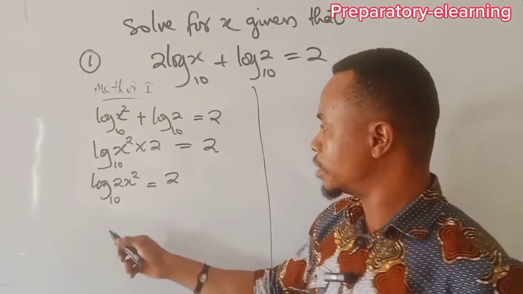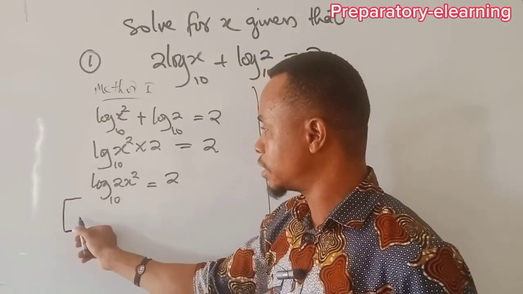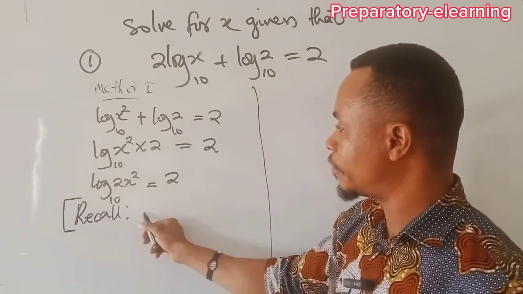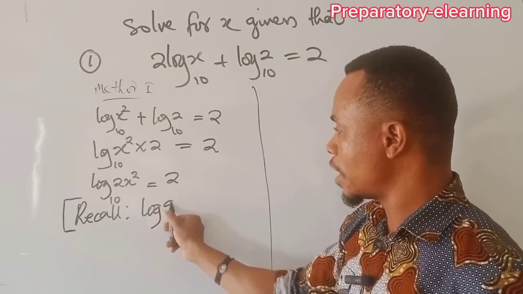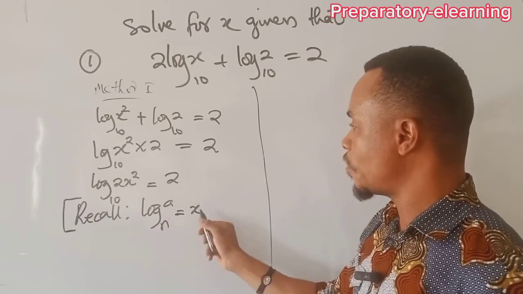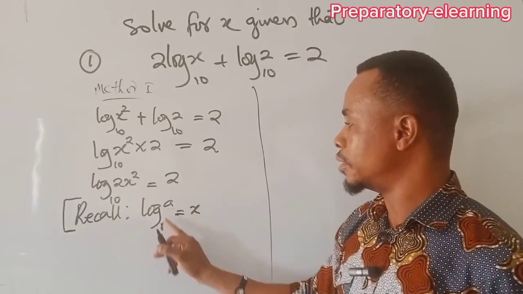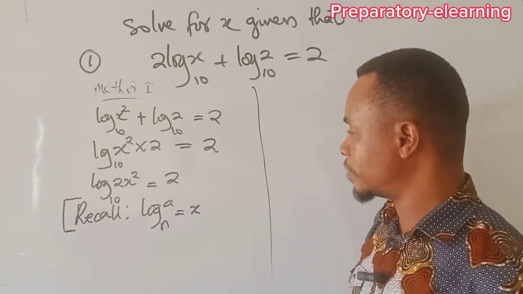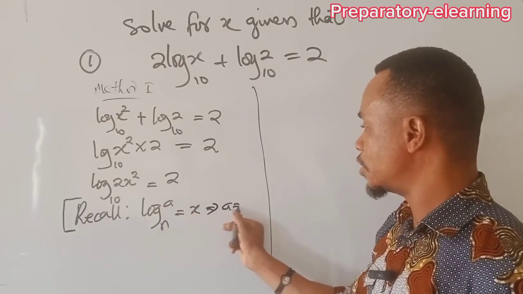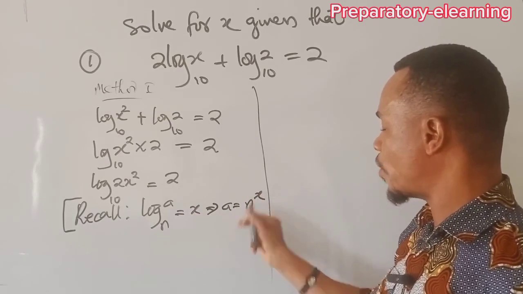And recall this law. There's a law that says, when you have log a base n is equal to x, if you want to make a stand as the subject, we have a is equals to what? N power x.